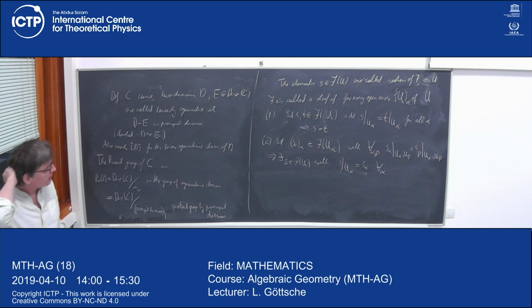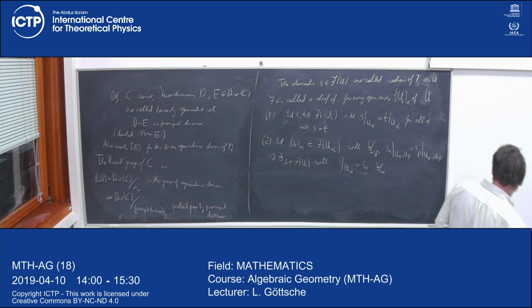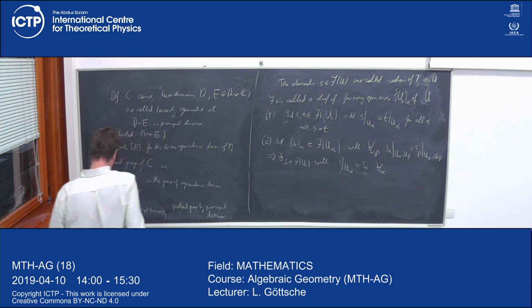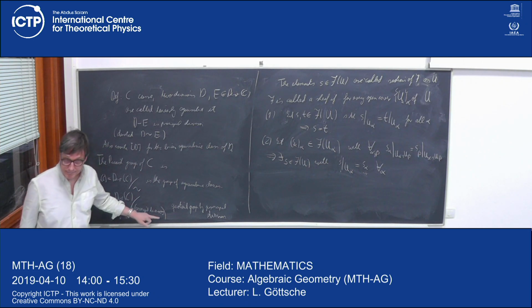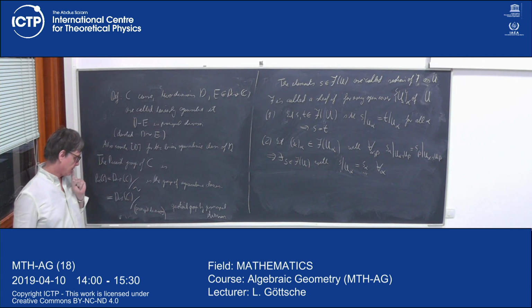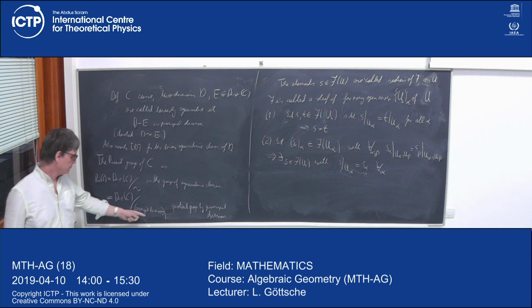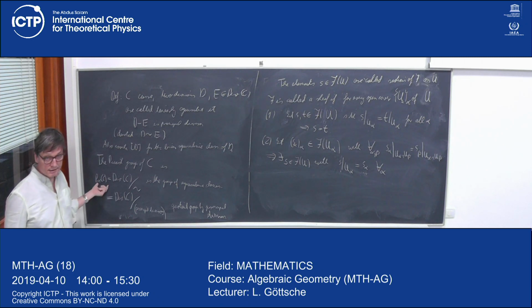And now there are two things I want to see. For one thing, I want to see that principal divisors always have degree 0. This means that the principal divisors are actually a subgroup of the divisors of degree 0, and you get Pic^0 of C to be this quotient.